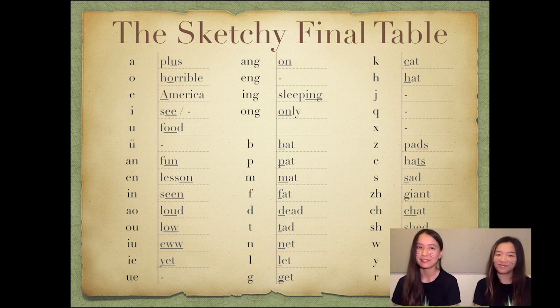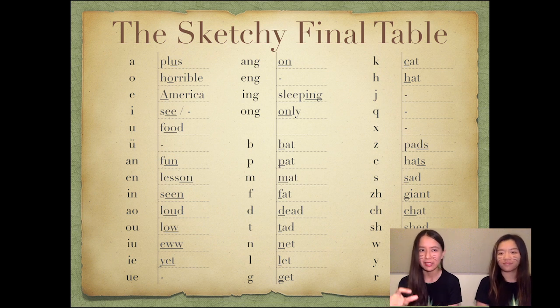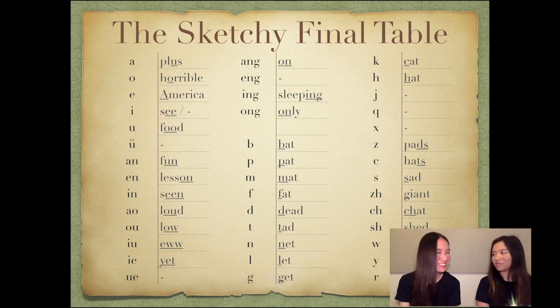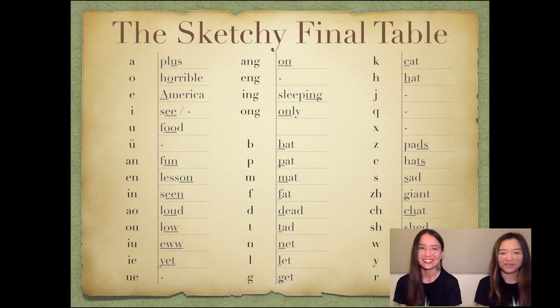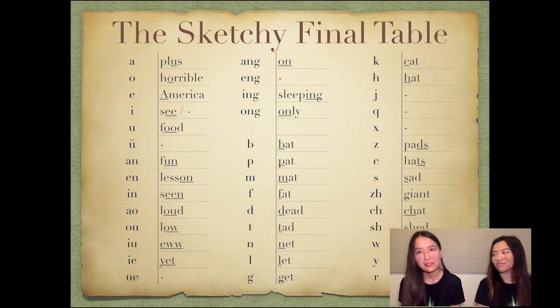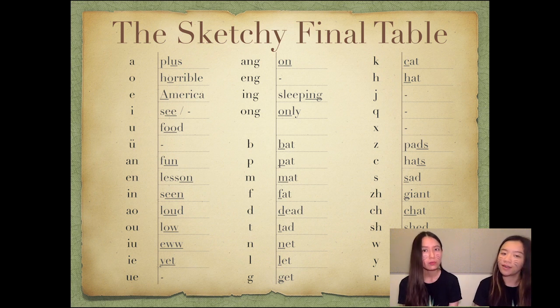There's some complication with the letter I, because sometimes when it appears after S or ZH or Z or R, it doesn't pronounce as an E, but it might sound like S or ZH. When that happens, just check with your Chinese friends and ask them how they actually say their own names. It's gonna be okay. It's pretty complicated. And then we have the letter U, which doesn't exist in English.